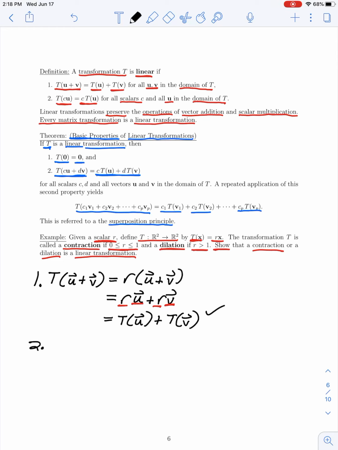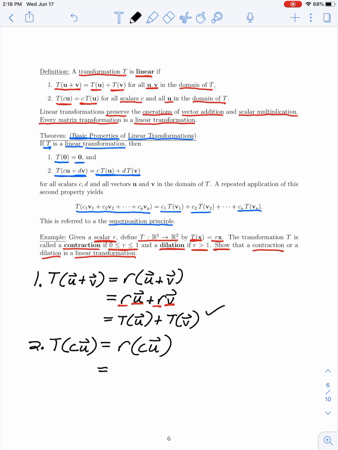The second condition that we have to check is that the transformation of a scalar multiple of a vector u, let's say c times u, is equal to c times T of u. Now here, we're defining our transformation as the constant r times our vector, which was c times u.